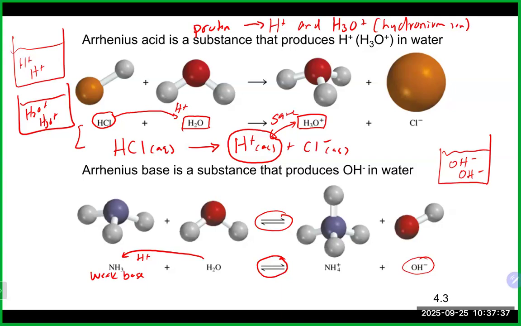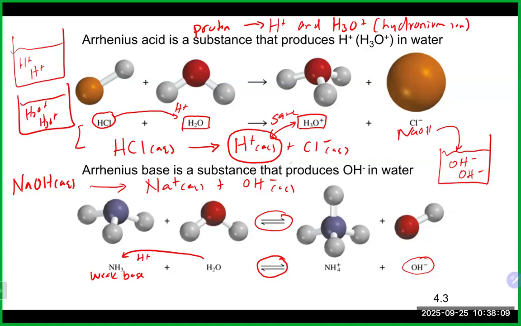Now, a lot of strong bases, something like sodium hydroxide, really is a strong base because, frankly, it's carrying the hydroxide with it, right? It doesn't need to go find it. It doesn't need to go react with it. It pretty much just needs to go for a swim, and it will fully break apart, because it is a strong base, into hydroxide and sodium.